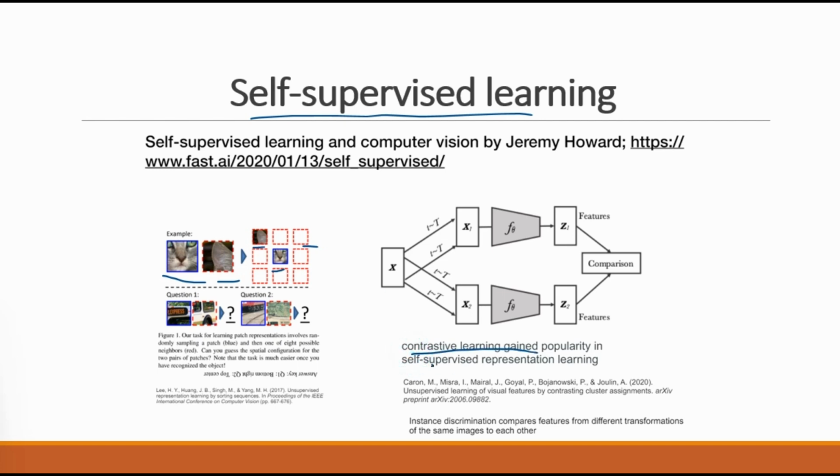This is a form of self-supervised learning where you generate two versions of an image. Let's say you have an image of a house, you feed it to the network, and then you take the same house, maybe squeezed or rotated upside down, and feed that to the same network.